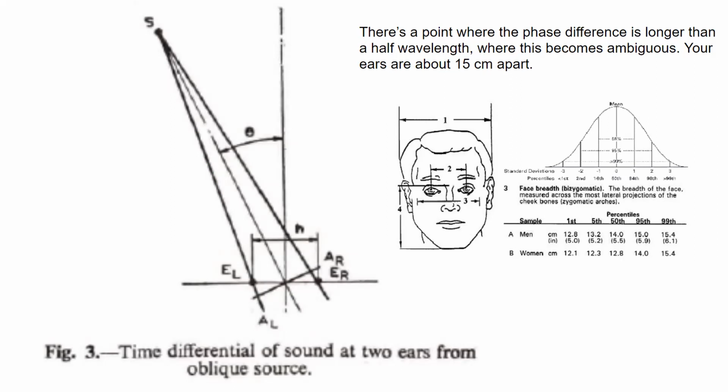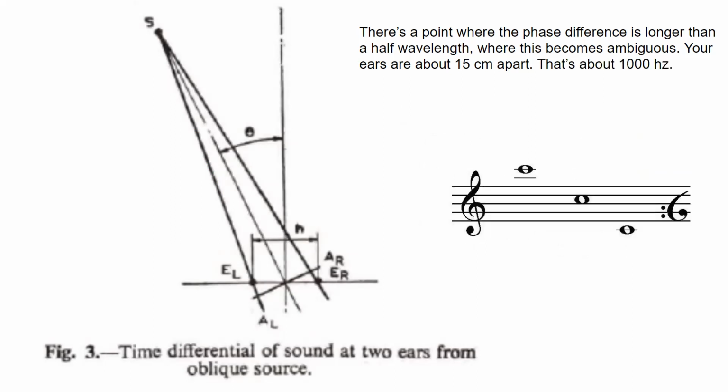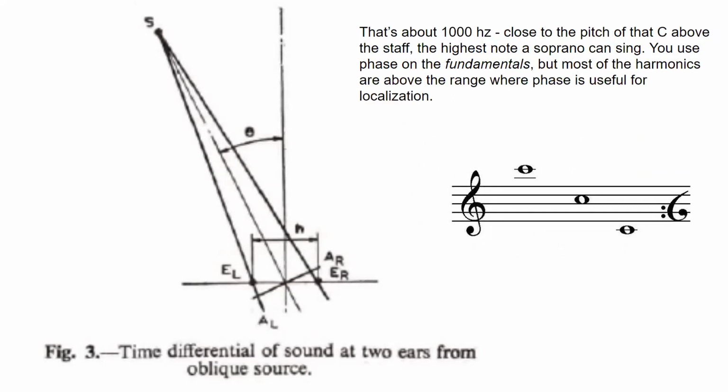They're about 15 centimeters apart, which is going to roughly give you this phase difference at 1,000 hertz. 1,000 hertz is also very roughly the frequency of that C above the staff in treble clef, often the highest note that a soprano can sing.